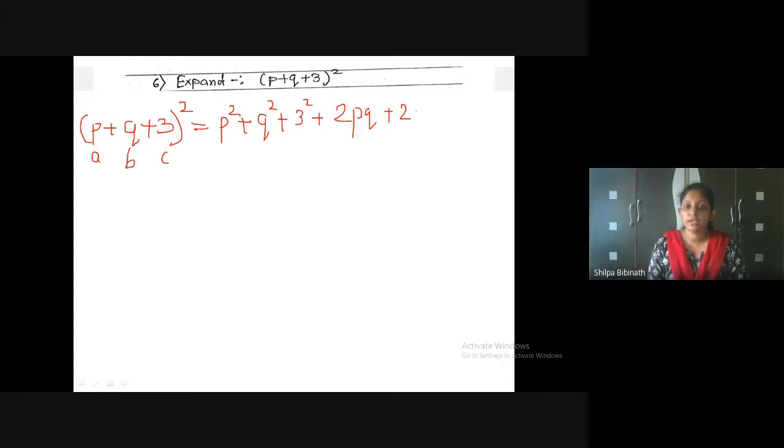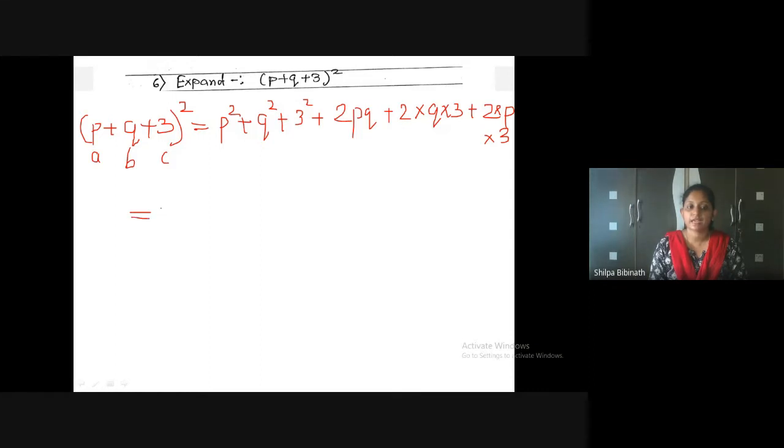So 2 into Q into 3 plus 2 into P into 3. C is 3. So then you can write the final answer.